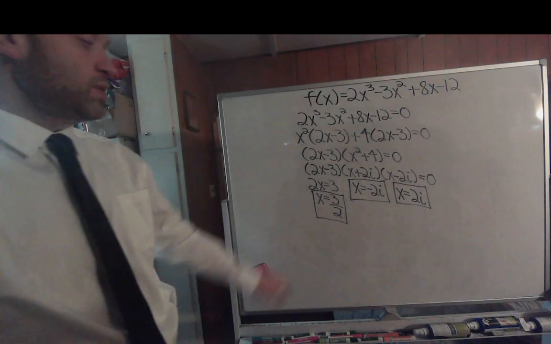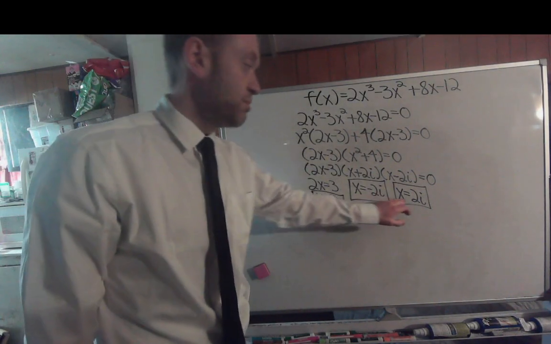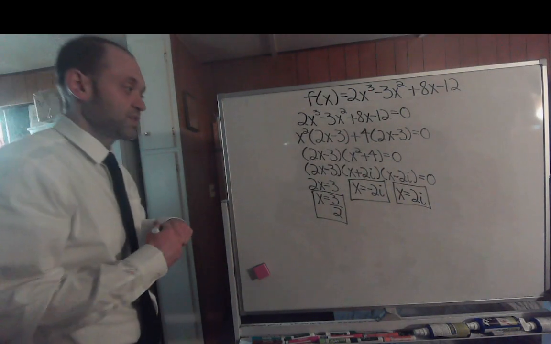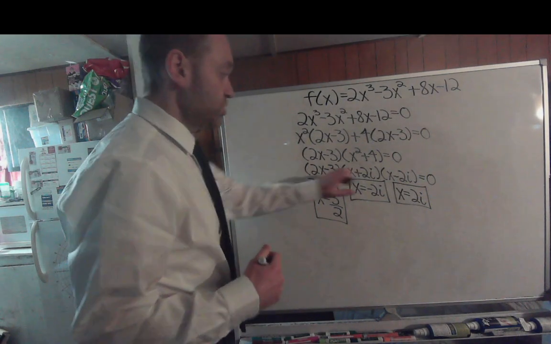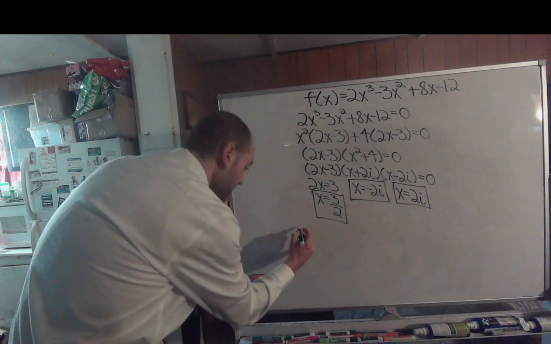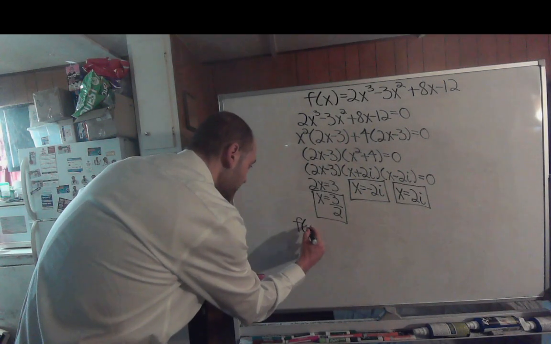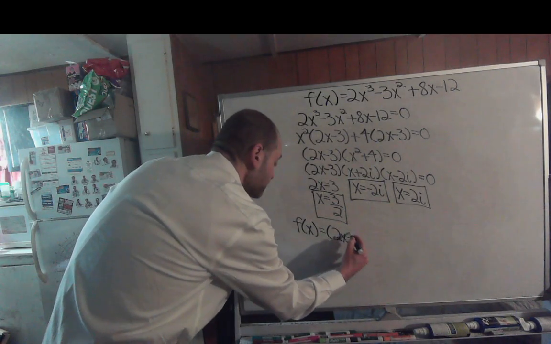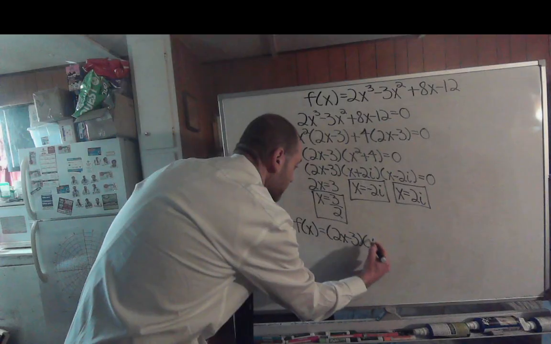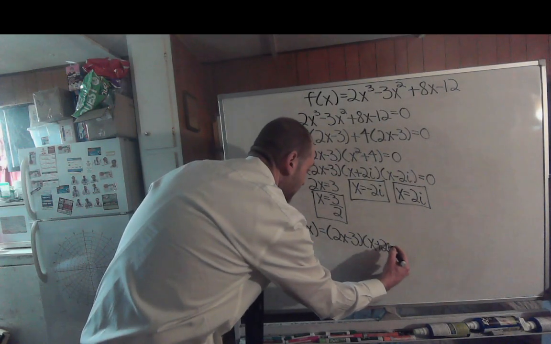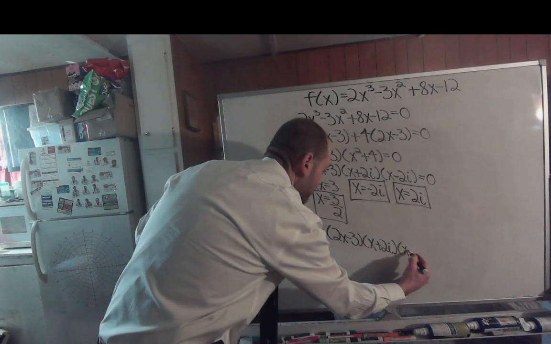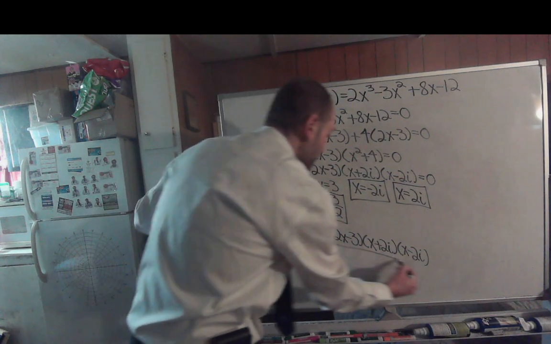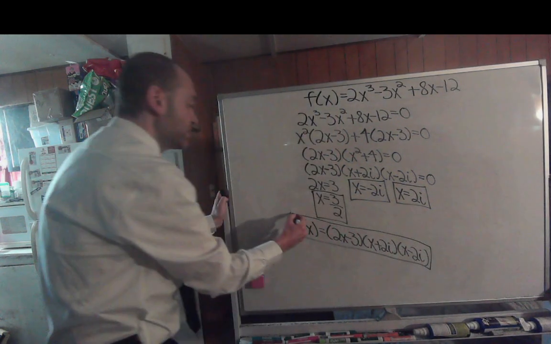In this case, you had one real solution and two imaginaries for a total of 3 solutions in the complex number system. And here is your linear factorization for the function. So f of x would equal 2x minus 3 times the quantity of x plus 2i times the quantity of x minus 2i. There is your complete linear factorization of this function.